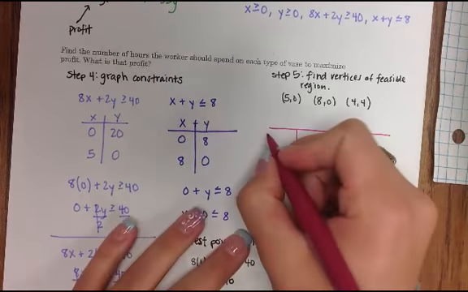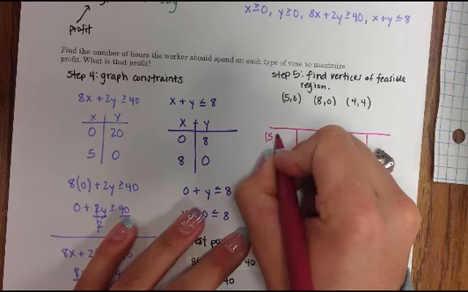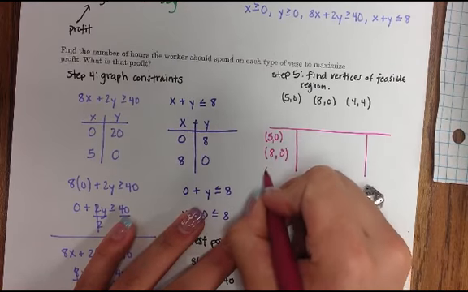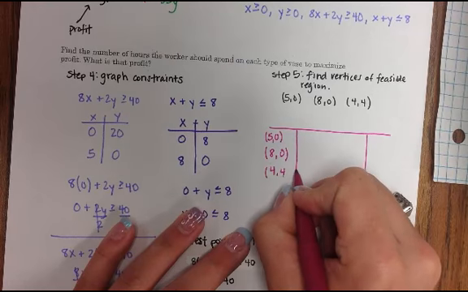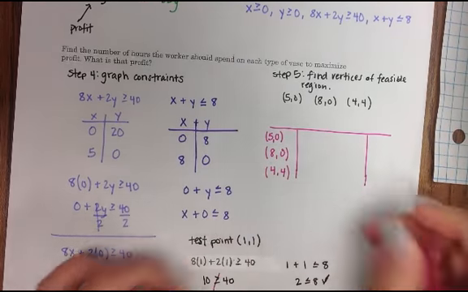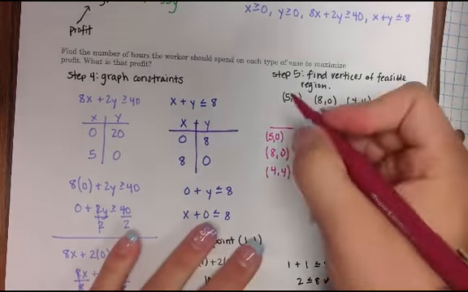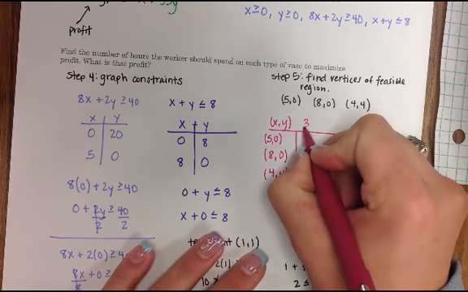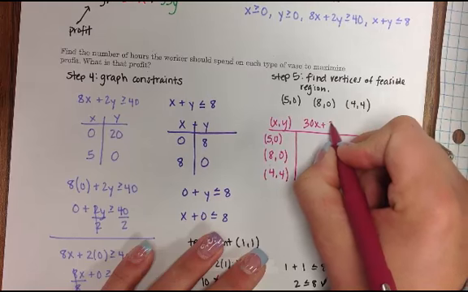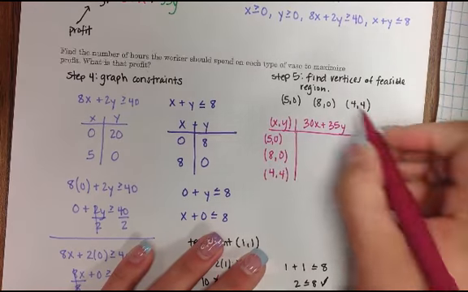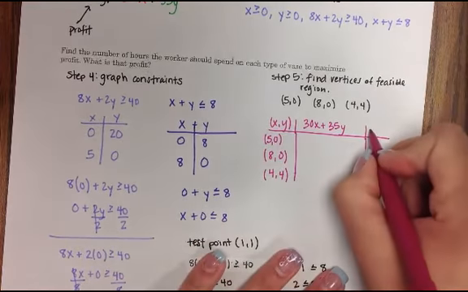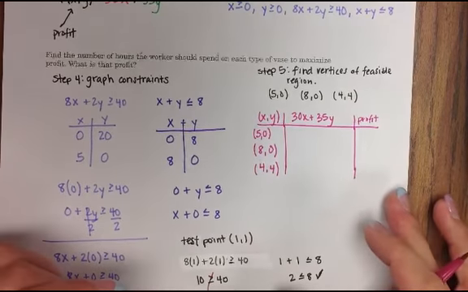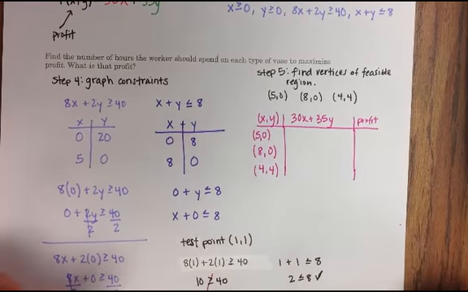So using the point 5, 0, using the point 8, 0, and using the point 4, 4, we're going to plug into our profit equation. So we have our xy values. Our profit equation was 30x plus 35y, and this is going to be our profit. Whatever number we get to be the largest is going to be our maximum profit.